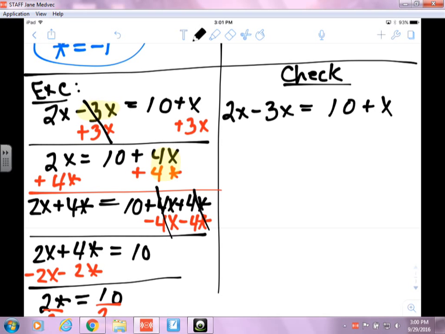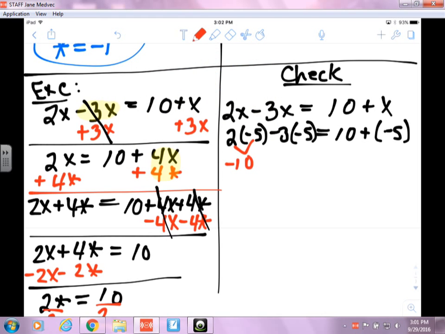Okay, I'm going to take out x, and what am I going to put in? Okay, what do I do first? Multiply. Now, I would do the multiplication in 2 different steps. The reason why is this: you got too many negatives rolling around. So I got -10 minus 3 times -5 equals 5.